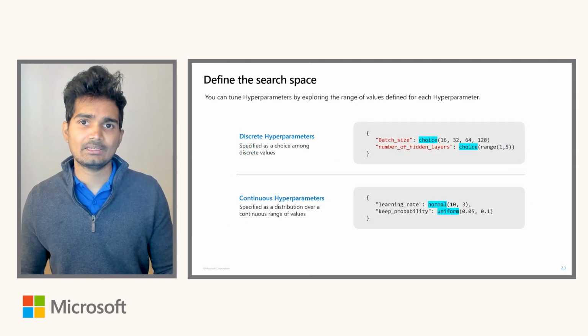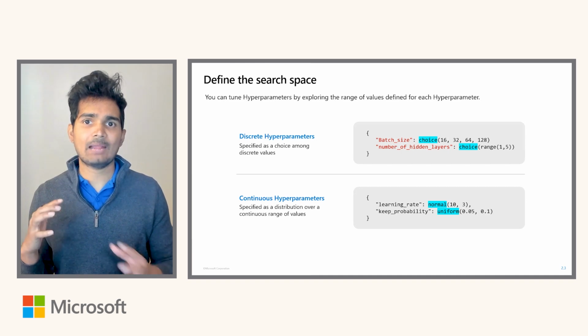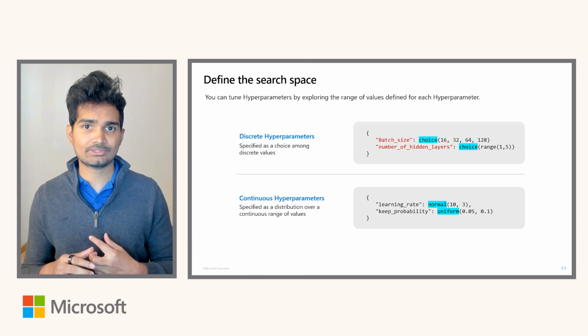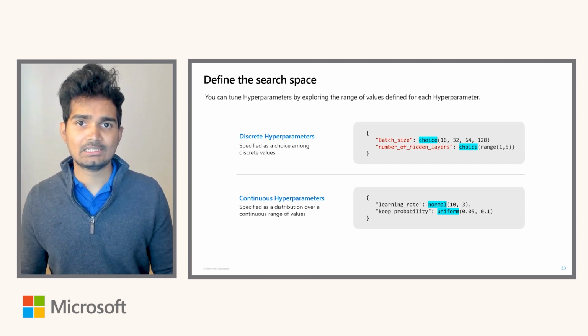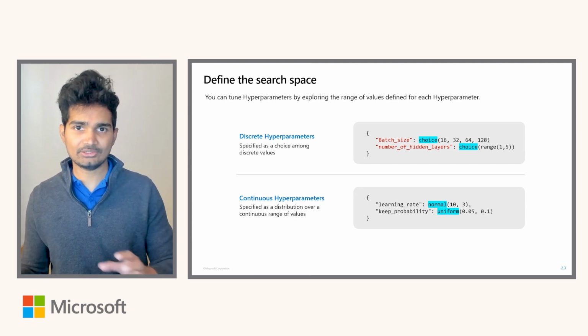You need to understand how to define the search space. Hyperparameters can be classified into two types, discrete and continuous. Their values are described using parameter expressions. Discrete hyperparameters are specified as a choice among discrete values.